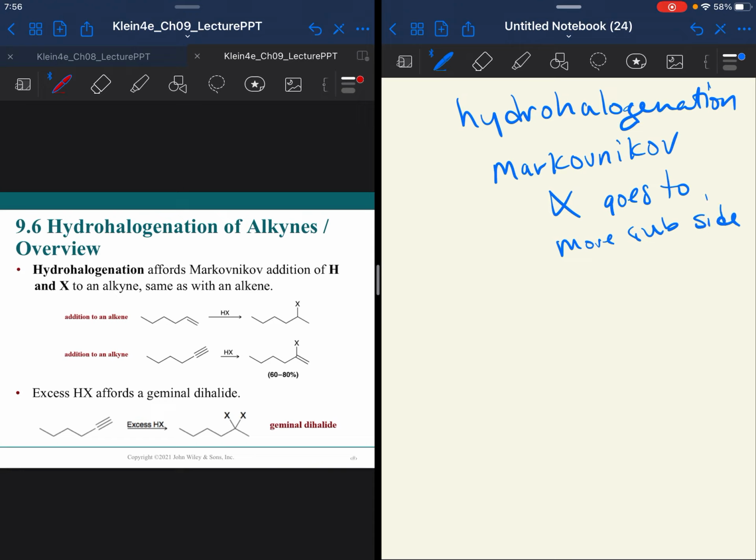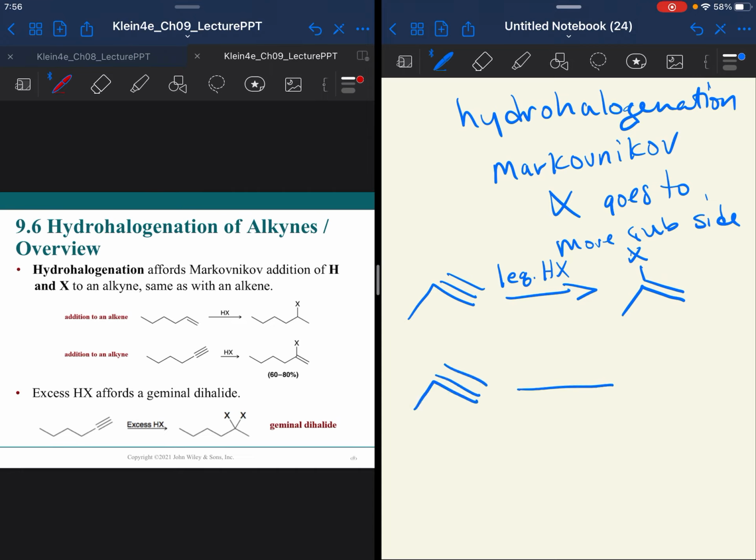Now, in this case, it matters how much reagent you use. If you have a triple bond and you use one equivalent of HX, usually HBr or HCl, you will make a halogenated alkene. You'll add H to the less substituted side and the halogen to the more substituted side.